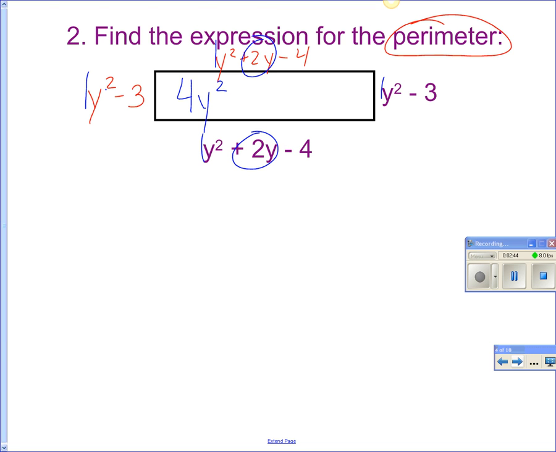What does that give me? 4y. And Faith, what goes together last? Negative 4 and negative 3, right? What's negative 4 plus negative 3, plus another negative 3, plus another negative 4? Negative 14. So that's your answer right there: 4y squared plus 4y minus 14.